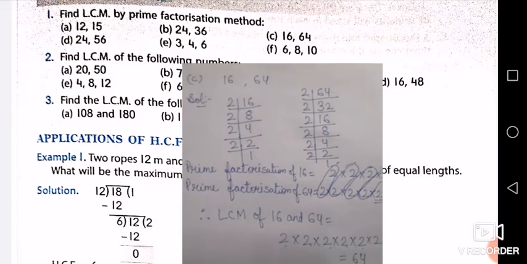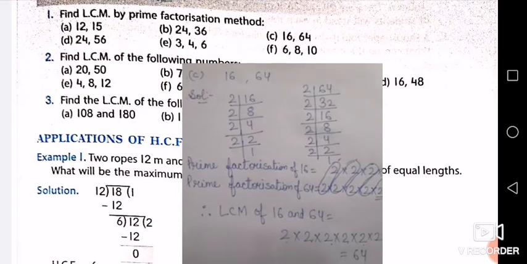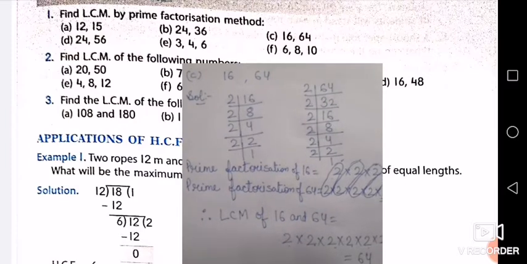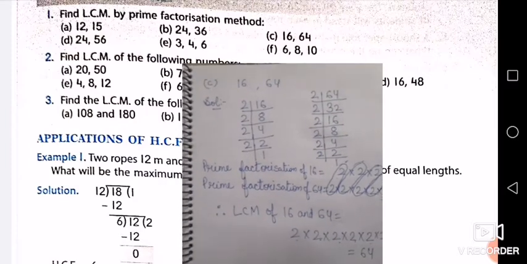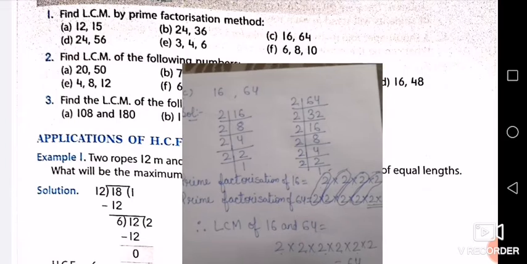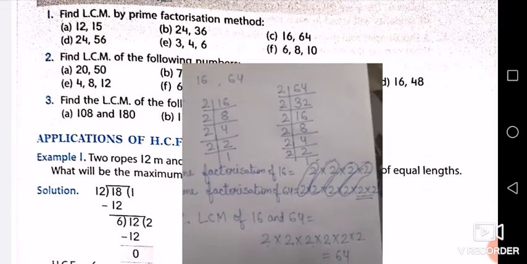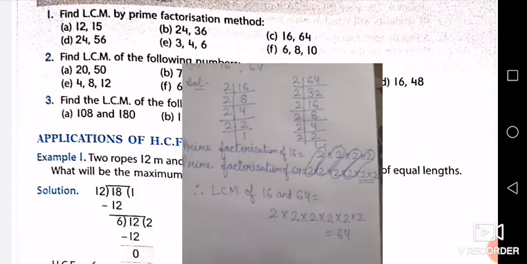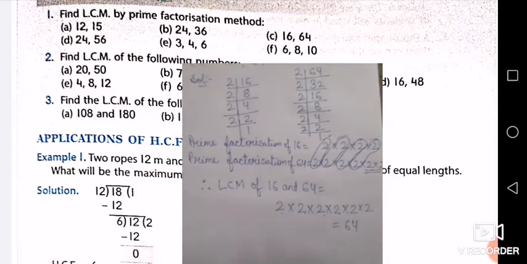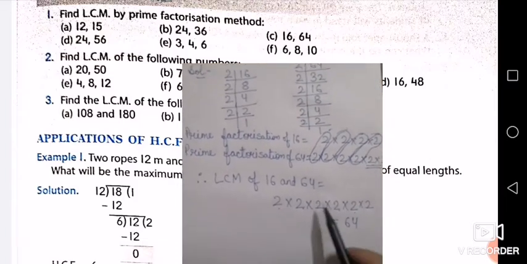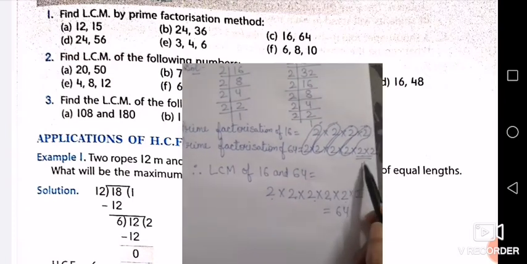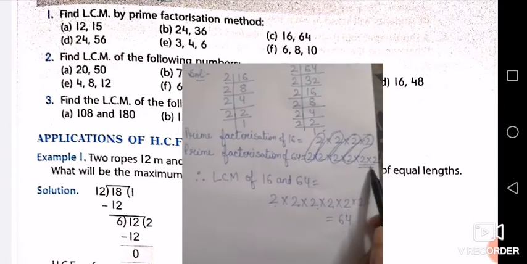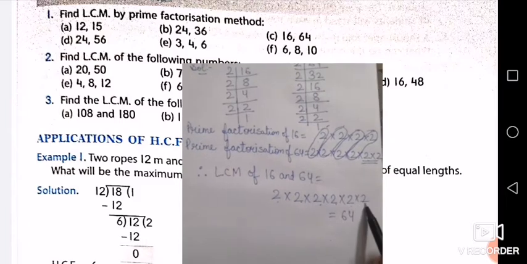First step is finding prime factors of the given numbers, then writing the prime factorization of the given numbers, finding the common factors. Common factors must be written only once, and then the rest of the factors which were left, that we will write at last.